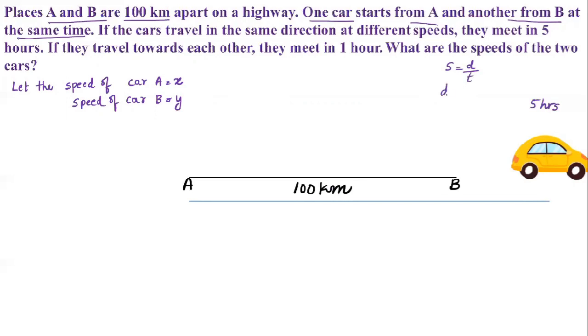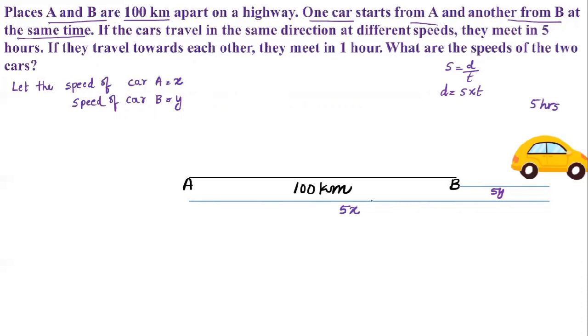You know that speed is equal to distance by time, so distance is equal to speed into time. Speed of car A is x, time taken is 5, so the distance is 5x. From B, speed is y, time taken is 5 hours, so the distance is 5y.